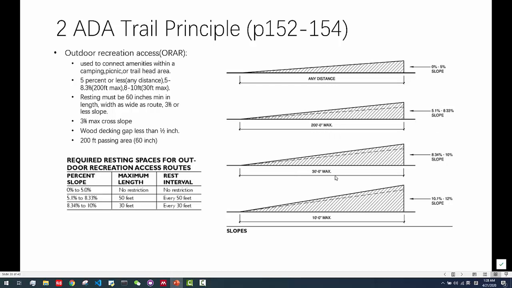If you go 8 to 10%, it cannot be longer than 30 feet. 10 to 12% is shorter still. That's the point. Because if it's steeper and you're a wheelchair user, it takes a lot of energy just to move up, because the gravity effect is really high on a steeper slope.